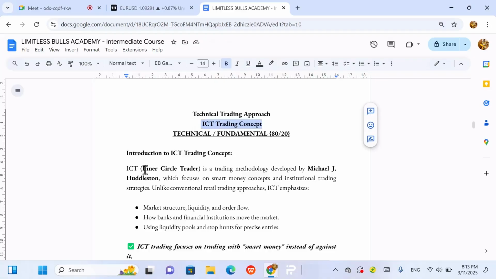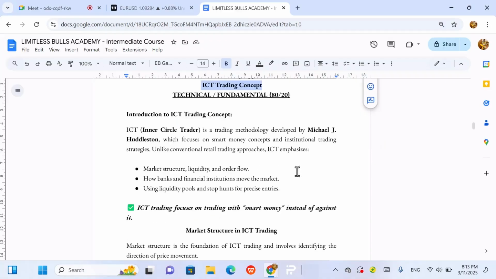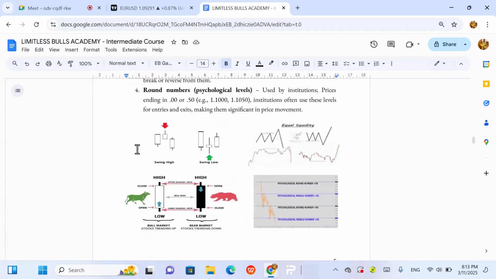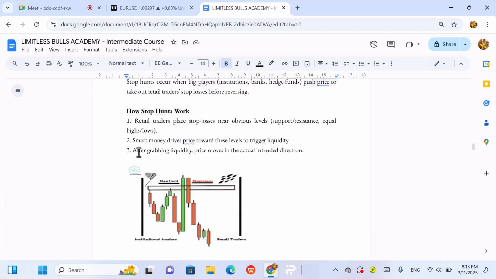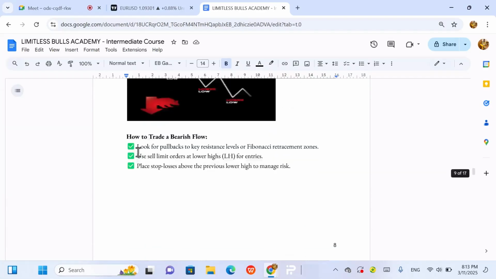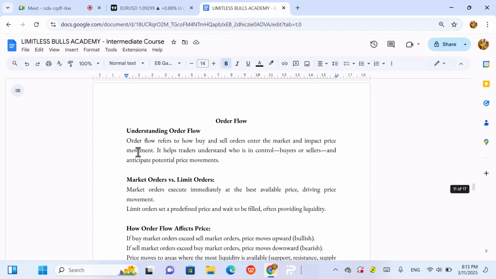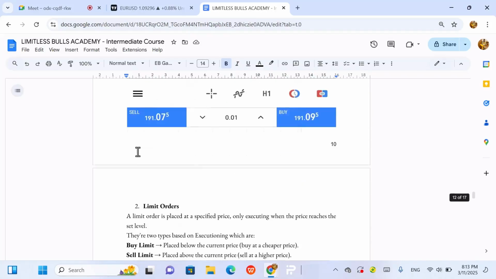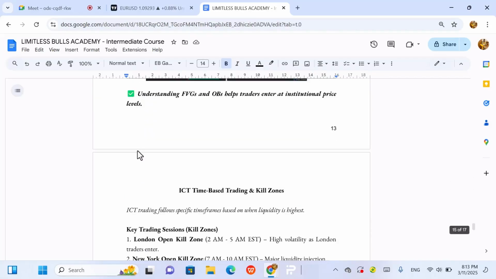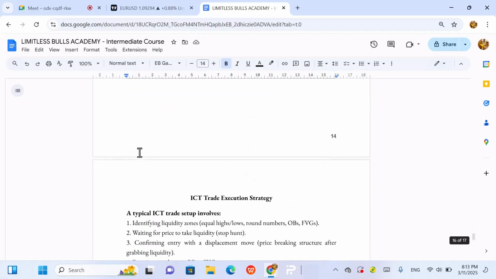Remember, ICT is the Inner Circle Trader, a methodology developed by Michael J. Huddleston, which examines concepts such as market structure, the three phases, liquidity, stop loss hunt, order flow, the entry model, and so on.